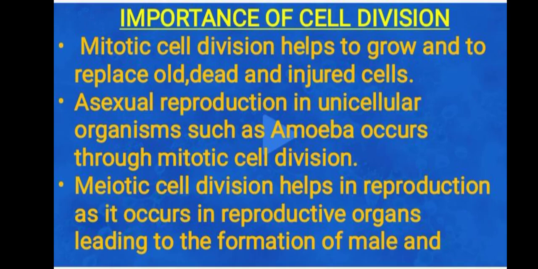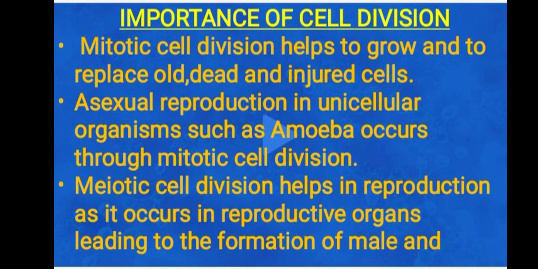Let's see the importance of cell division. Children, mitotic cell division helps to grow, and to replace old, dead, and injured cells in the body of an organism. Asexual reproduction in unicellular organisms such as amoeba also occurs through mitotic cell division.